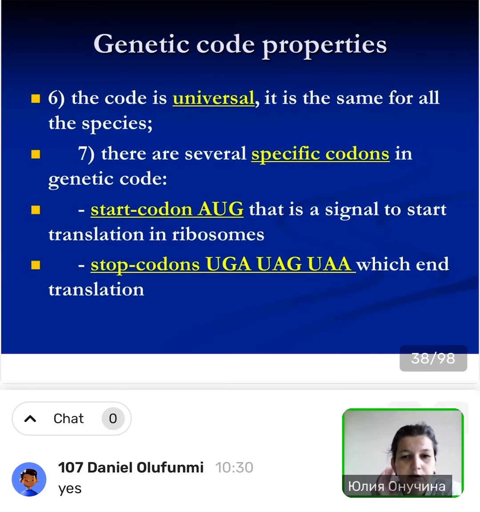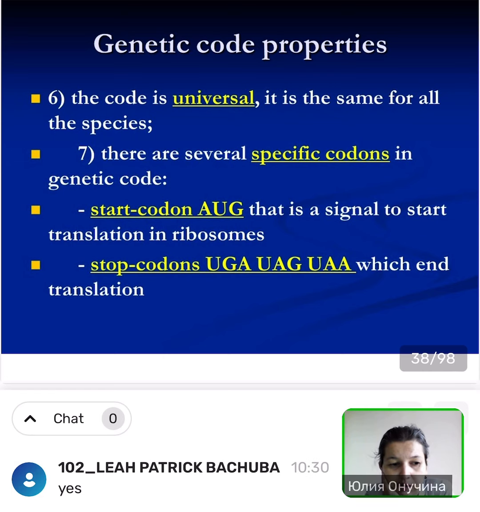So genetic code properties. The next, universal. All cells have one same code. But again, prokaryotes may have small differences and our mitochondria have some differences.